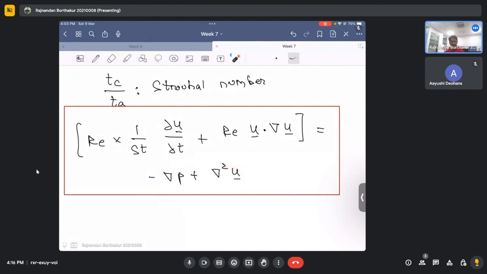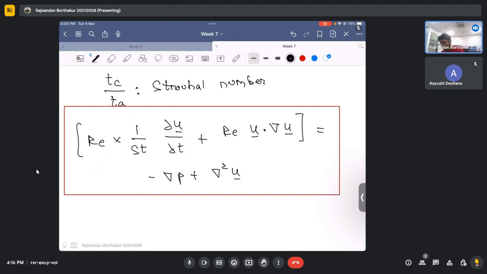But the idea of this exercise is to show you that if we choose different scales, we end up getting different versions of the non-dimensional counterparts of the same dimensional equation.